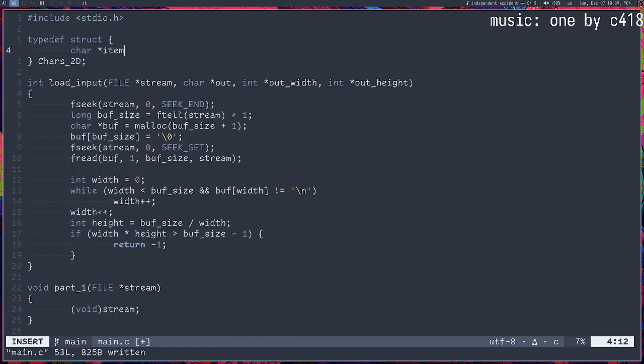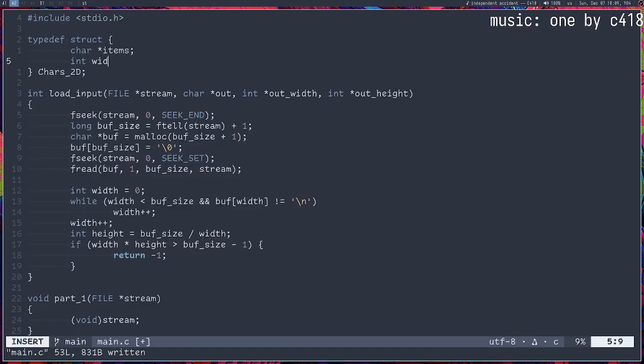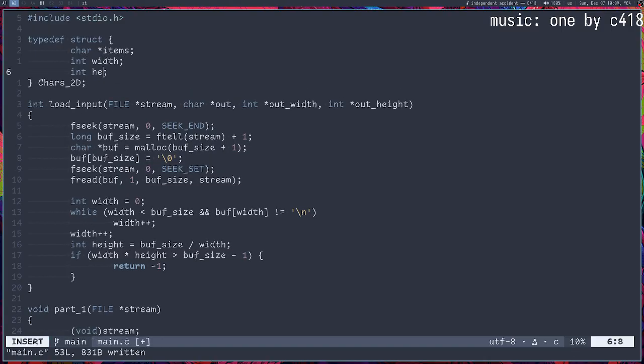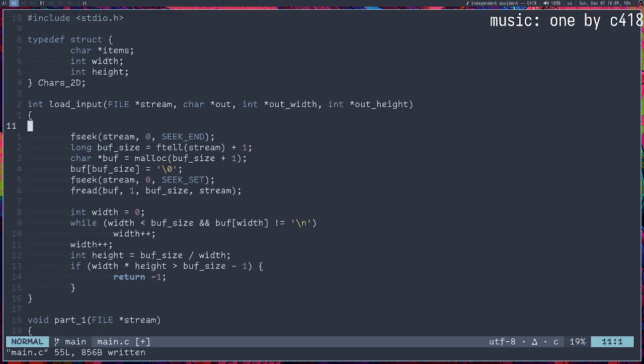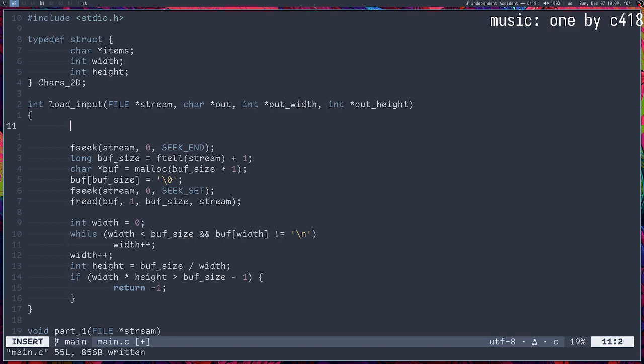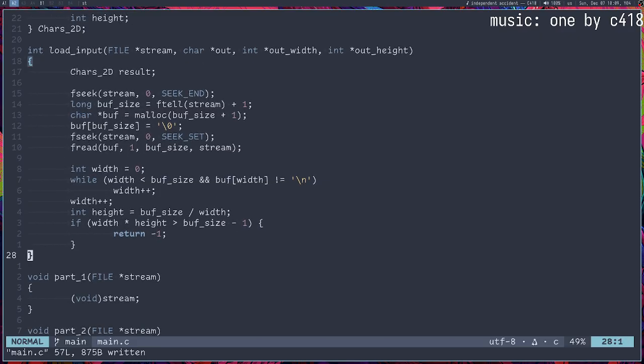So we have items, then we have width and height. And I can put chars 2D as a result here.